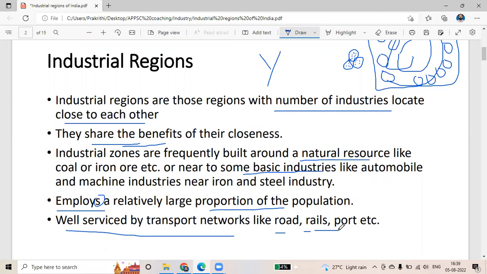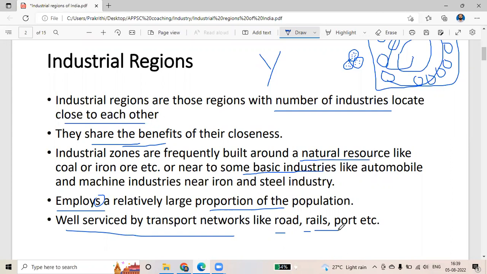One, multiple industries located close to each other for getting the benefit of this closeness. Second, it is mainly concentrated near natural resources or near basic industries. Other than this, it is near a well-developed transport network.